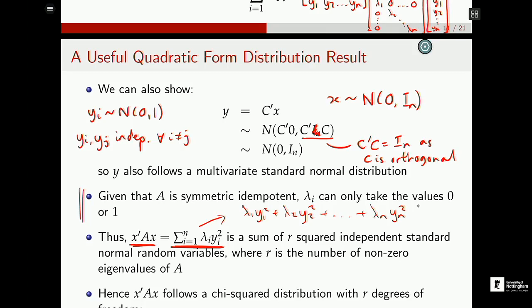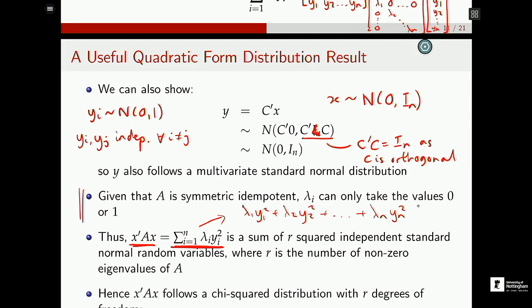So this is going to be the sum of squared y terms, and the number of them is just going to be the number of times lambda is 1 rather than lambda being 0. So say n was 10, so we've got 10 of these terms added together.